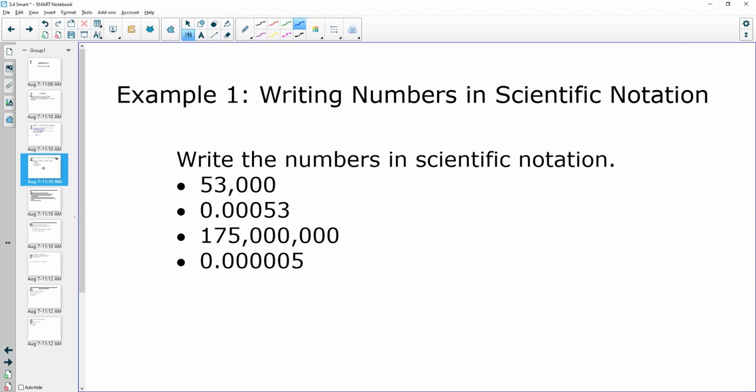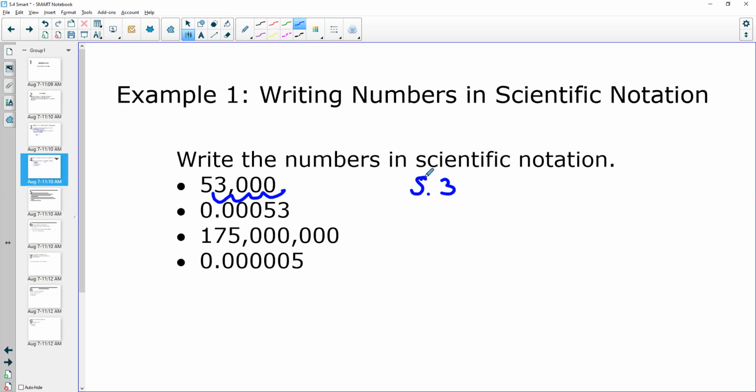So to write a number in scientific notation, we think about where the decimal is. For 53,000, the decimal is at the end after the last zero. To write it in scientific notation, I need to think about moving that decimal 1, 2, 3, 4 places. I want it to go between the 5 and the 3.